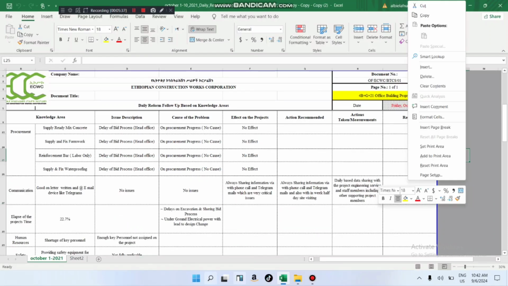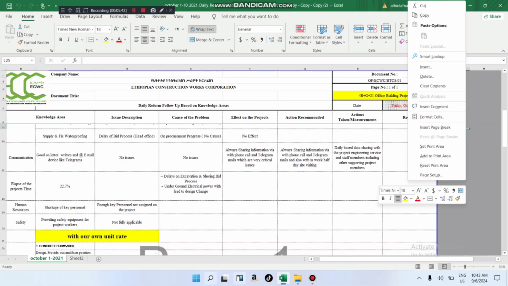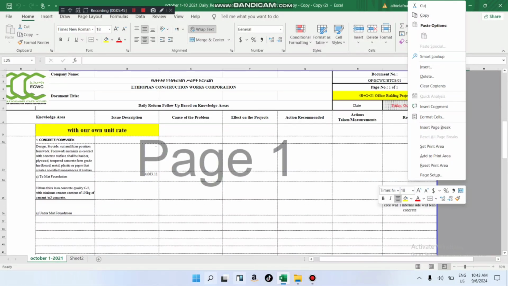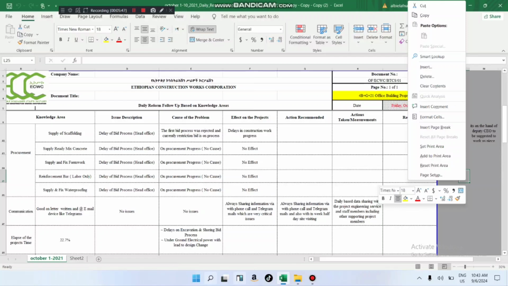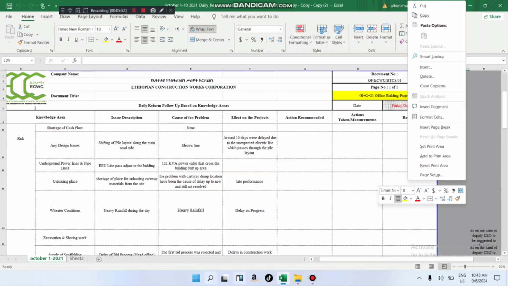These are the causes of some problems. Elapse of project time, human resource, safety. These are what caused the delay on the work, and then you should describe it.